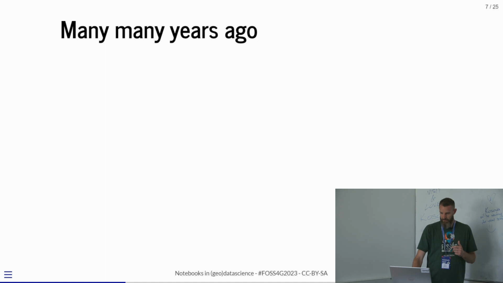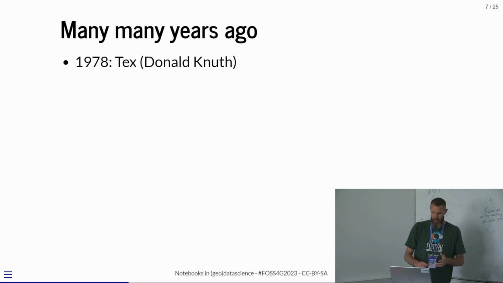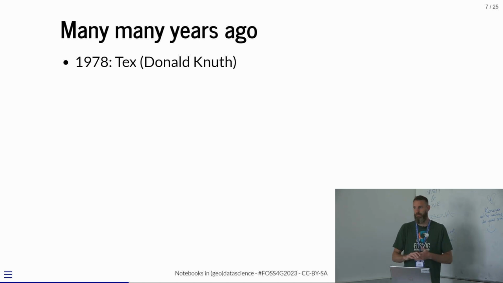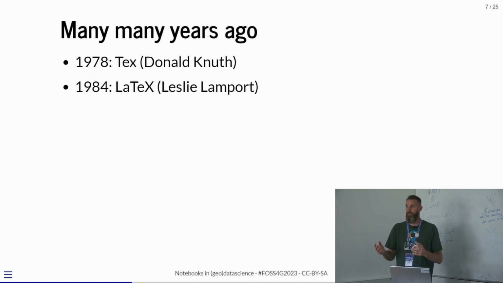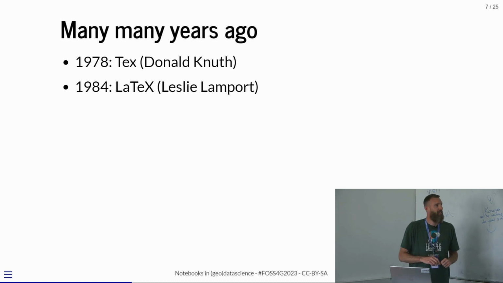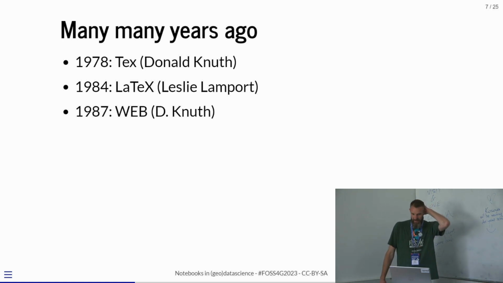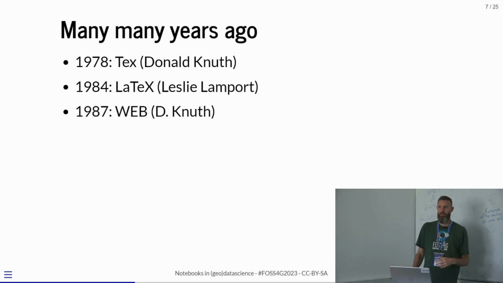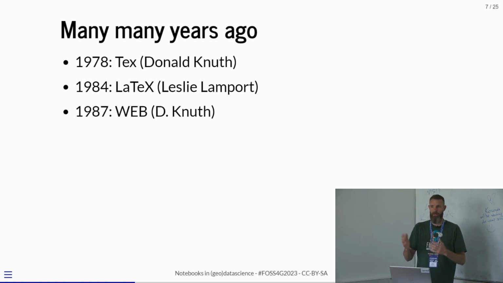So let's get back quickly many years ago. In 1978, Donald Knuth created TeX to create documents with a computer. Later on, LaTeX was created to make macros around it to make it easier to use. In 1987, Donald Knuth created Web, a mix of TeX and Pascal, so you can have a computational document.